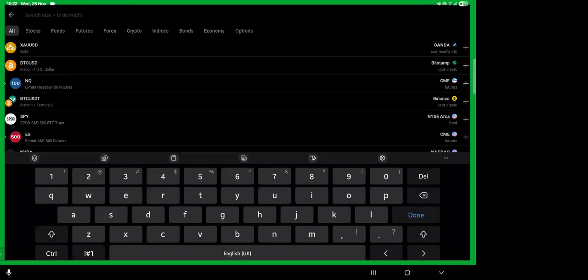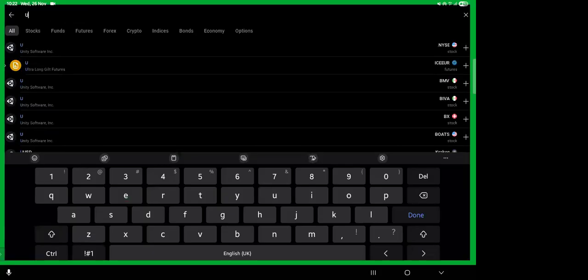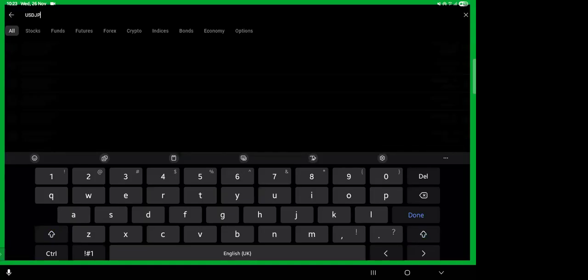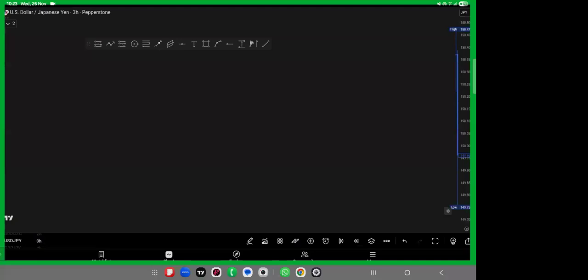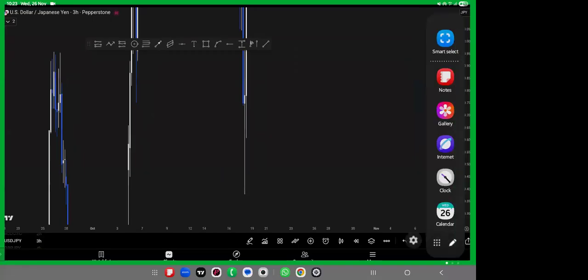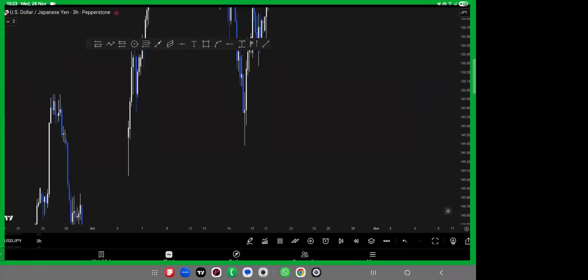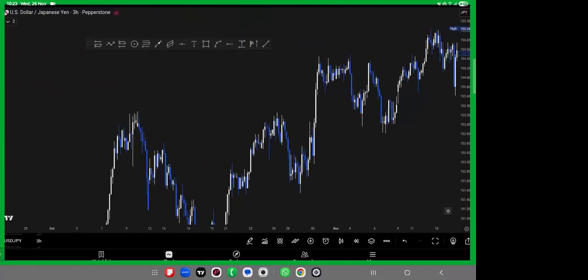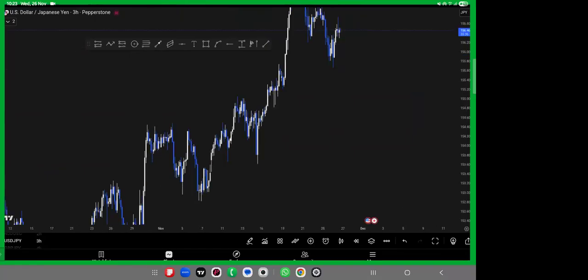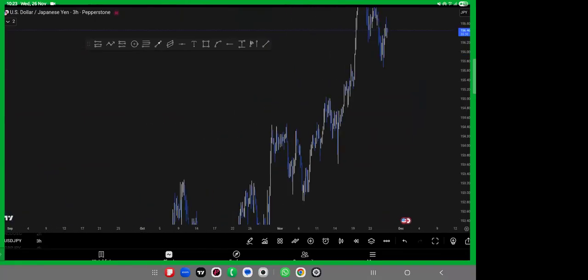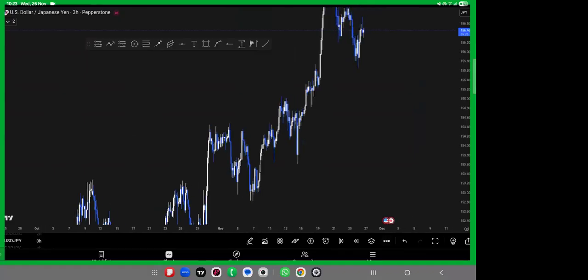In this case, let me use, all right, this is the 3 hour time frame on USDJPY.